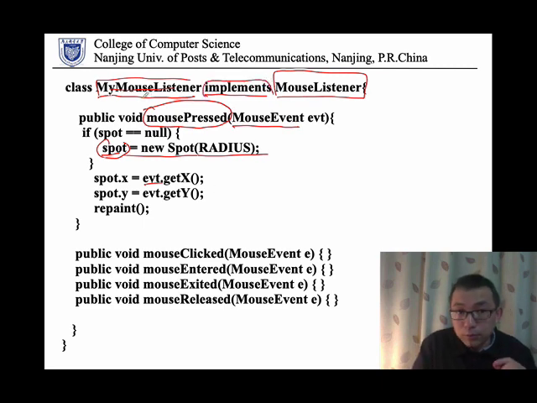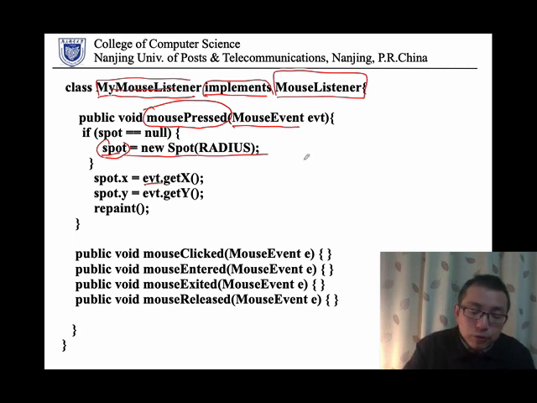So MyMouseListener implements an interface named MouseListener. Once we implement MouseListener, we can use the mouse functions to get the position from the system. With the user's position, we draw a tiny circle filled with red color on the screen, so you can see it.